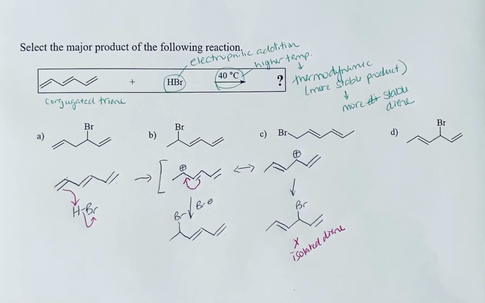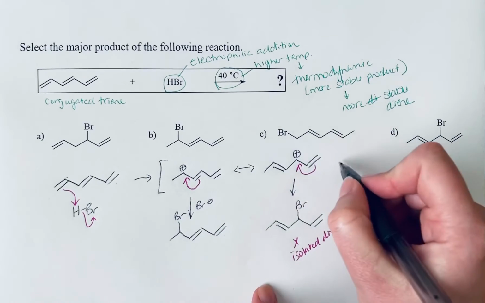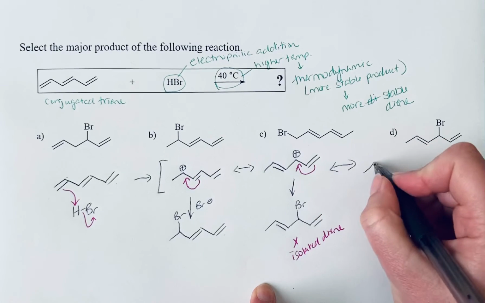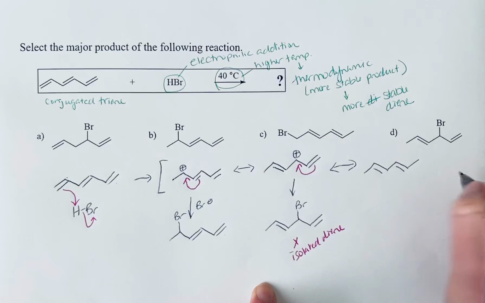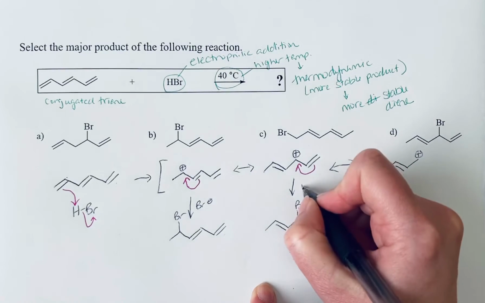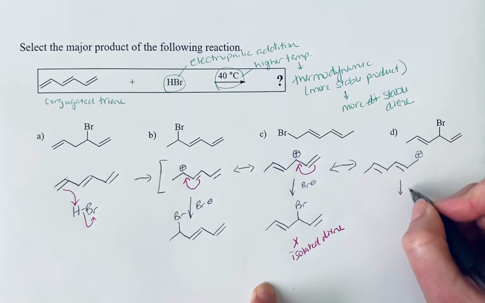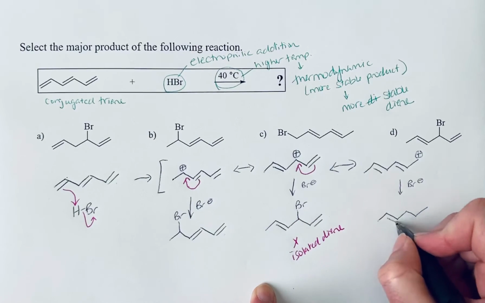All right, and so let's go one step further and move one more pi bond. And this will give us this diene and a positive charge out on the end. If the bromide were to add to this positive charge, we again have a conjugated diene.